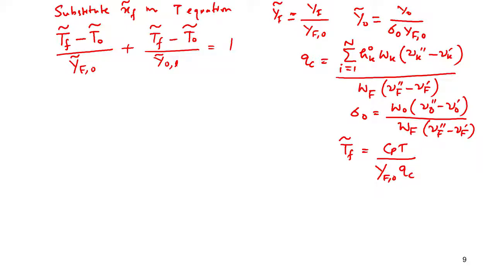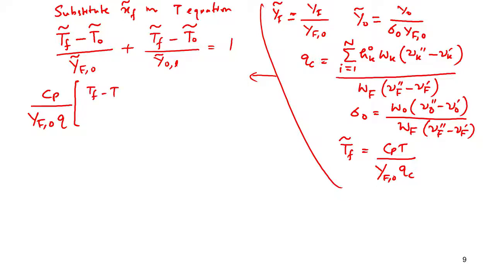If you substitute all these things in here, essentially what we have done is that we have substituted the xf tilde equation in the T tilde equation, and then all these normalizations, these weighting functions, if you substitute back here, what you get is essentially Cp by yf0 qc times (Tf minus T0) divided by yf0.